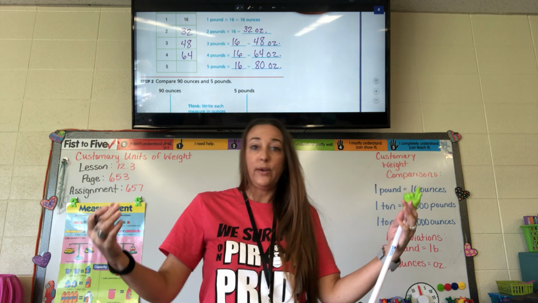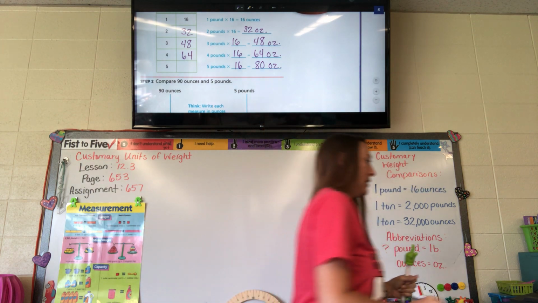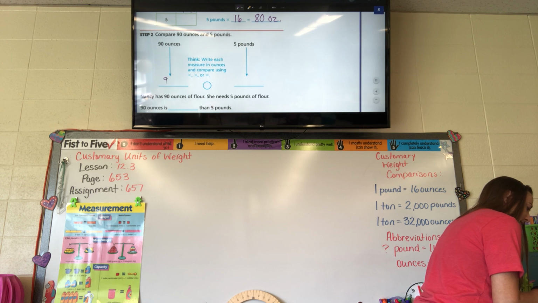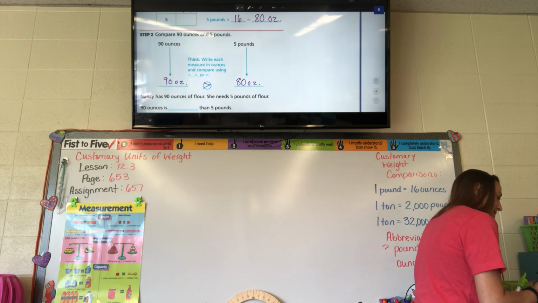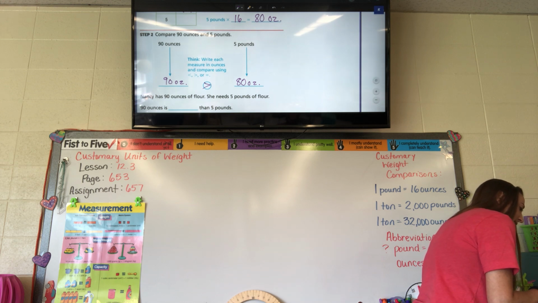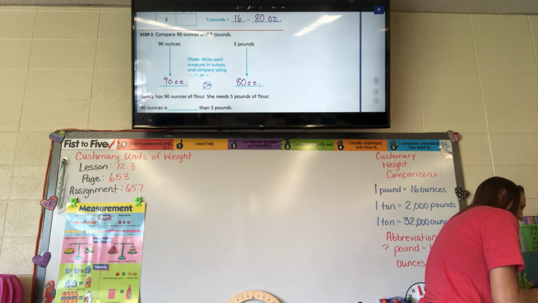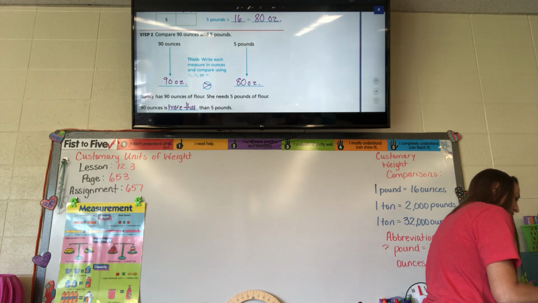No, poor Nancy. Okay, so 90 ounces is 90 ounces, and 5 pounds we figured out is 80 ounces. 90 ounces is greater than 80 ounces. So 90 ounces is less, no, 90 ounces is more than 5 pounds.